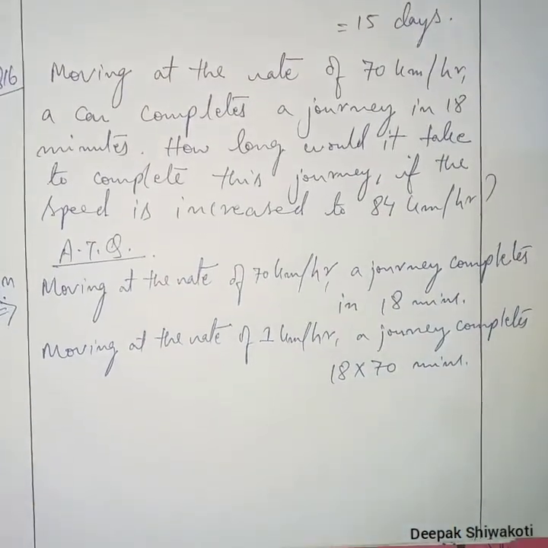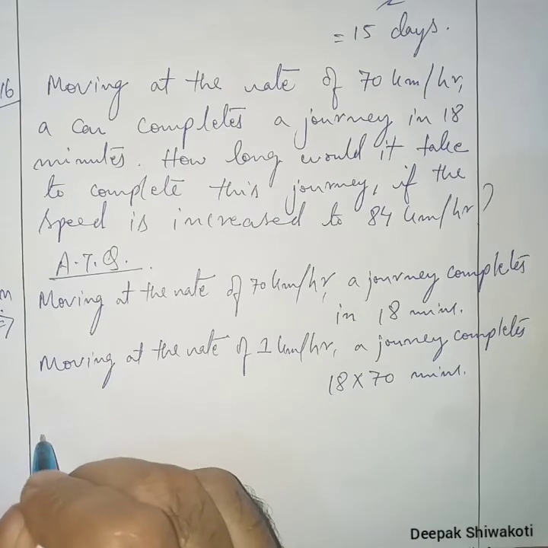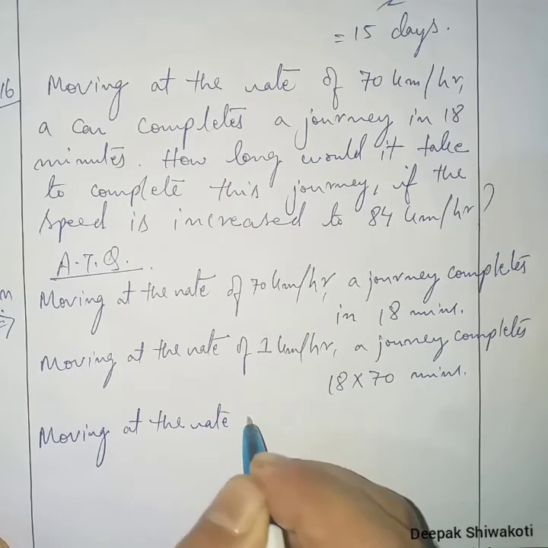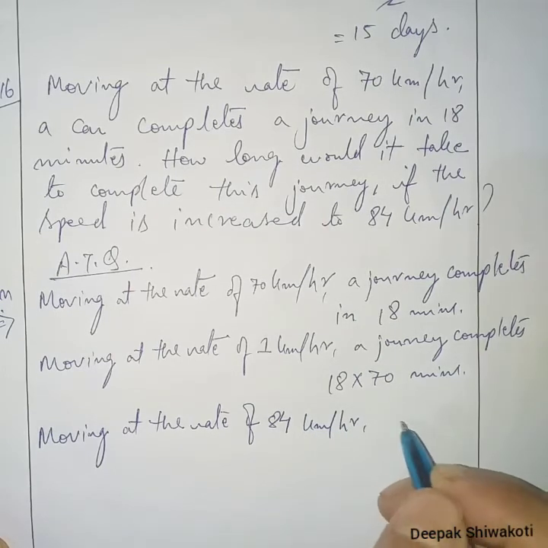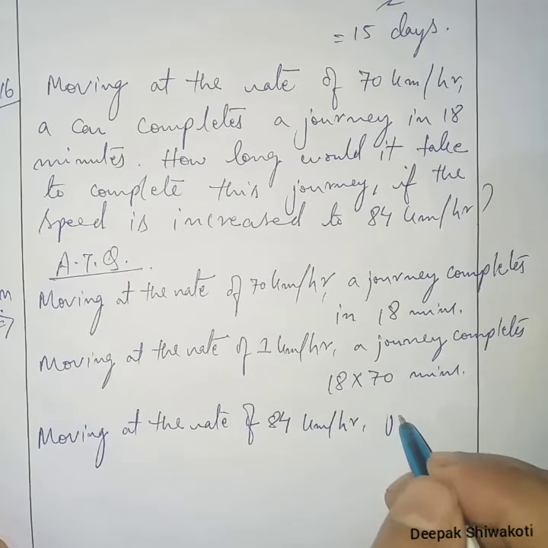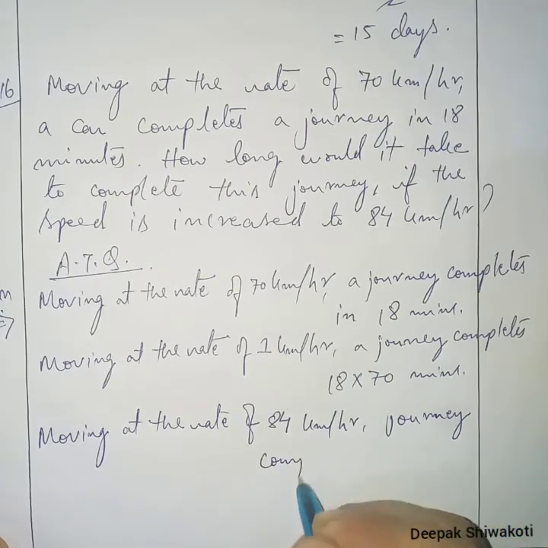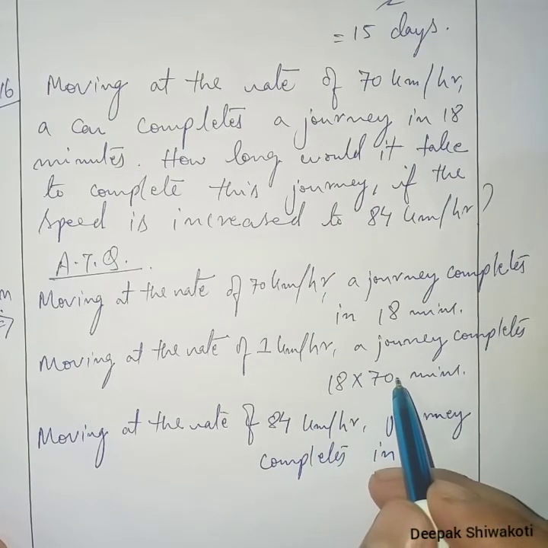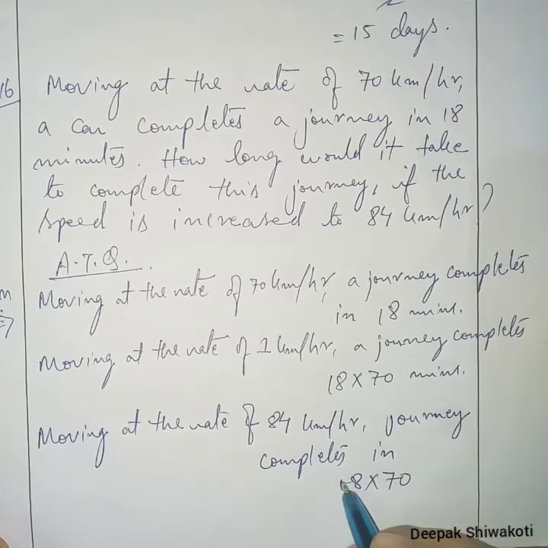Now the speed is increasing, isn't it? Speed is increasing, moving at the rate of 84 km per hour, journey completes in, as the speed is increasing, we have to divide, because time taken will be less means divide. 18 into 70 divided by 84.